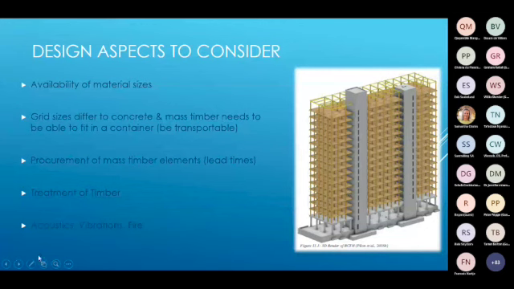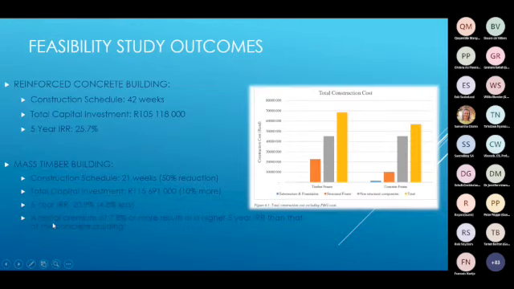So just for interest's sake, that was the design aspect of my research. Then we went on to the feasibility study, the costing, and so on. I added this to the presentation for those that may find it interesting. For the mass timber building, you can see here the construction schedule was reduced by 50%.